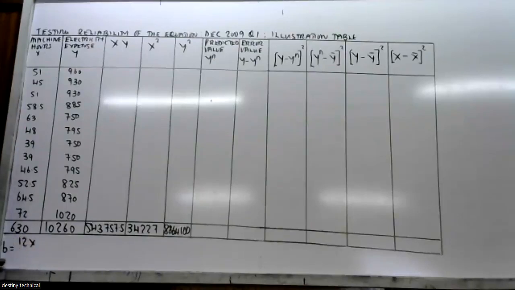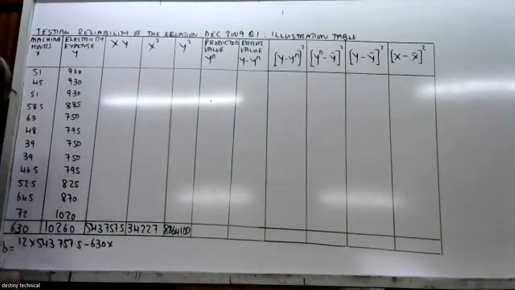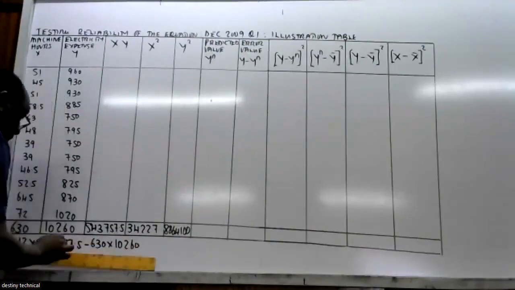So it is 12 times sum of xy, which is 543,757.5, minus sum of x, which is 630, multiplied by sum of y, which is 10,260.